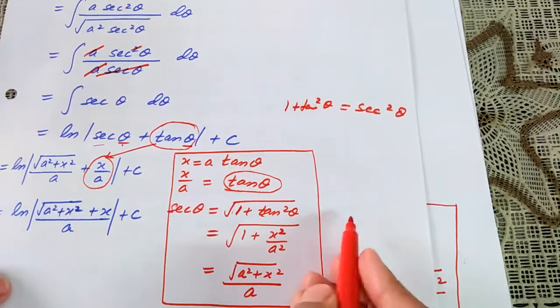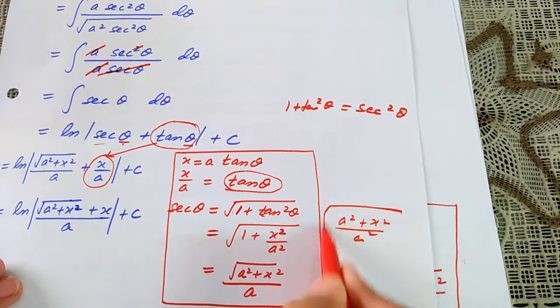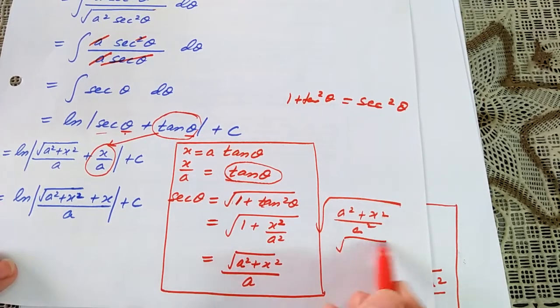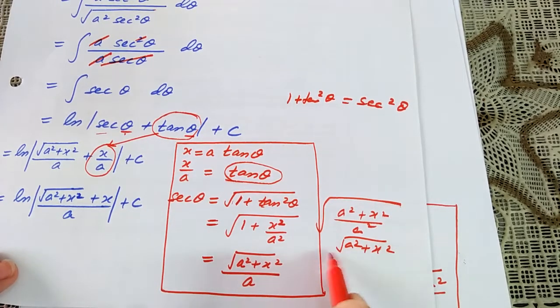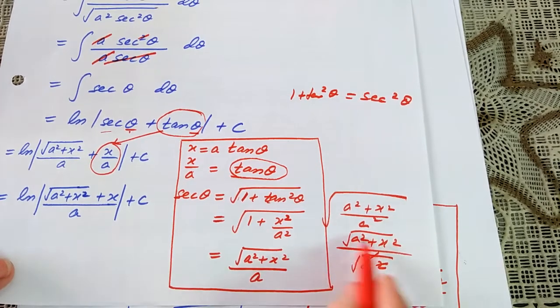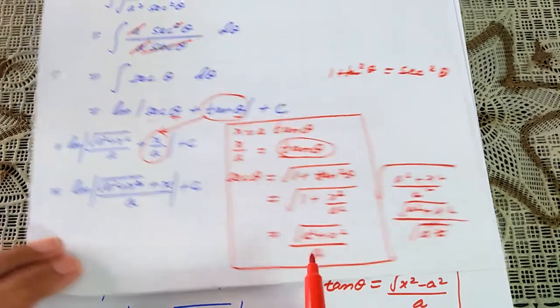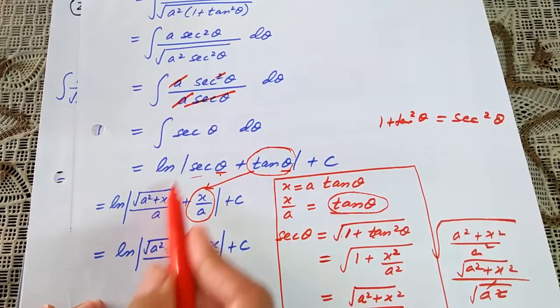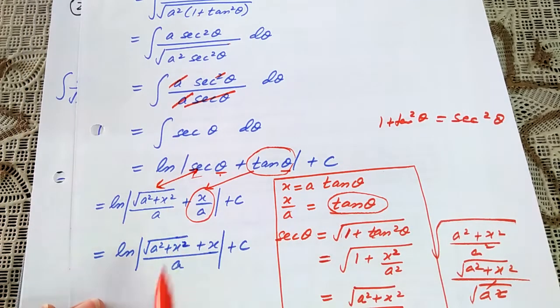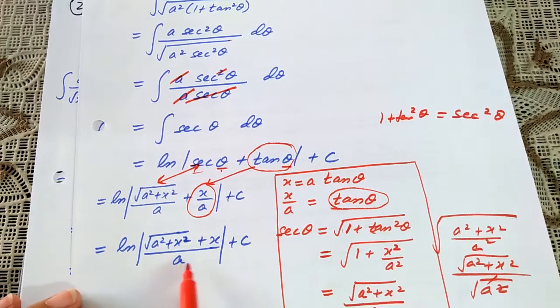Take the LCM: this is the square root of a square plus x square over a square. Separate the square root in the numerator and the denominator. The denominator's root cancels out and we get the square root of a square plus x square, divided by a. Just replace this value for secant theta. Now you can see that the denominator is the same, so we can take the LCM.